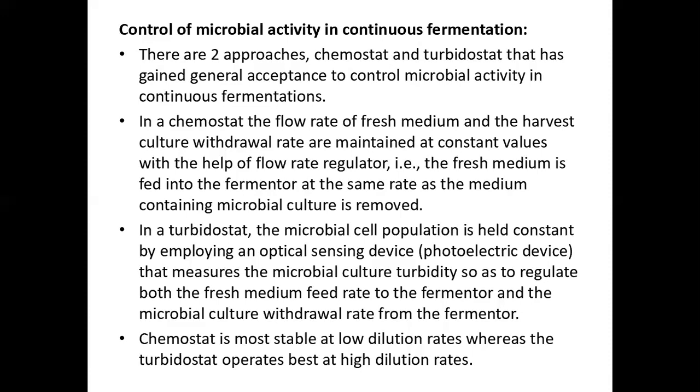For one process it may be glucose, for another process it may be something else, right? So we have to first identify that key nutrient, and we have to maintain its concentration at a constant level, so that the production will be carried out in a regular fashion, or there won't be any problem in the continuous culture system.